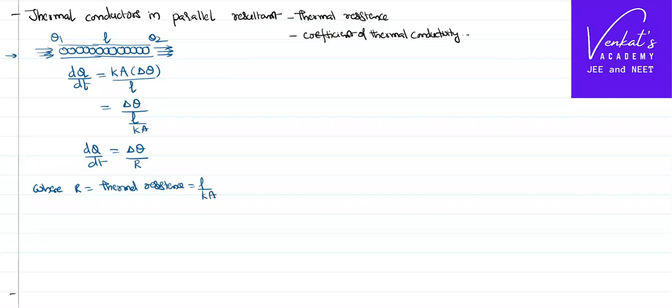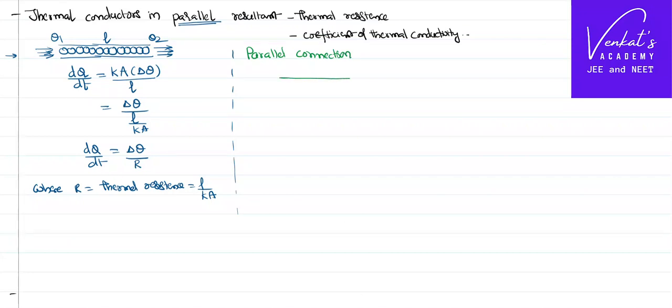Once you have grasped these basic points, let us talk about what we mean by thermal conductors in parallel, and then we'll find the effective thermal resistance and the effective coefficient of thermal conductivity when they are connected in parallel. So what happens in a parallel combination? Let us try to understand what a parallel connection means.